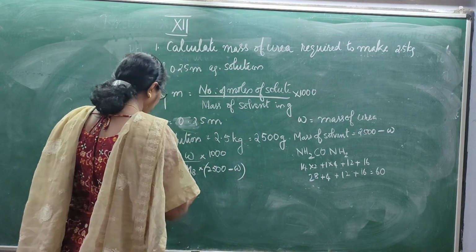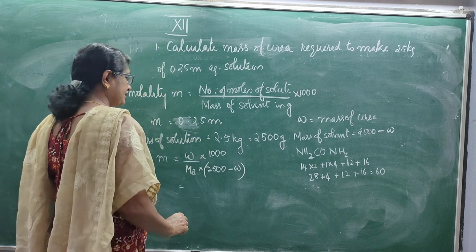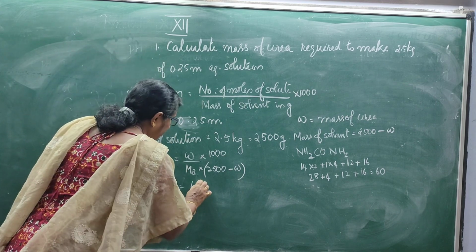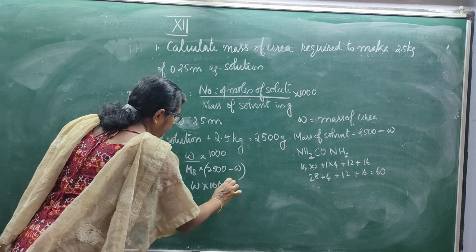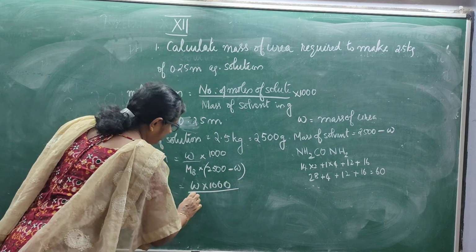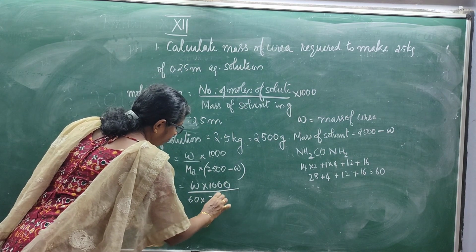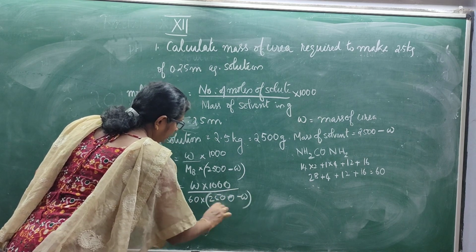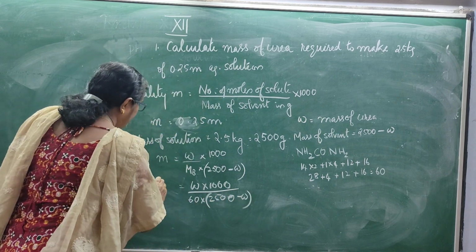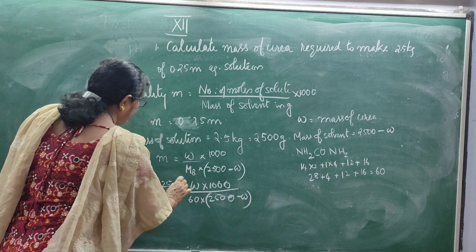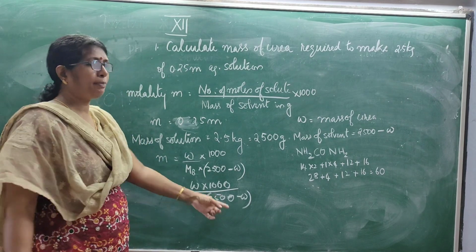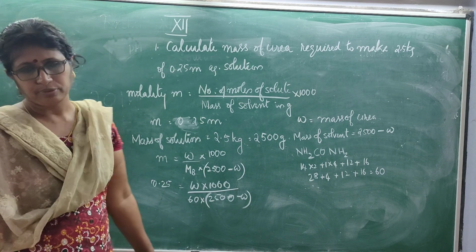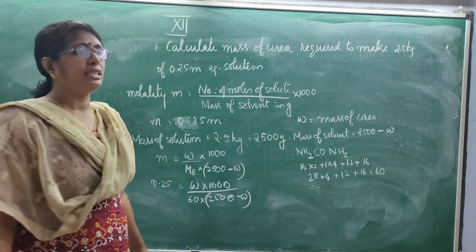So 60 is the molar mass, 60 gram per mole. So W into 1000 divided by 60 into 2500 minus W is equal to the molality given, 0.25. Now you solve for W. So that's how we can calculate the mass.